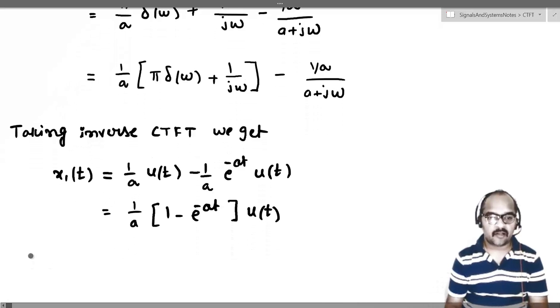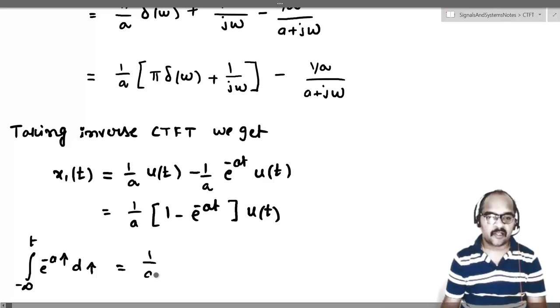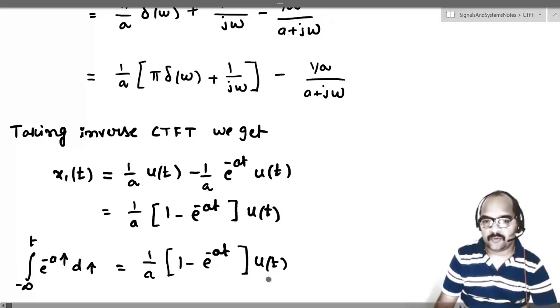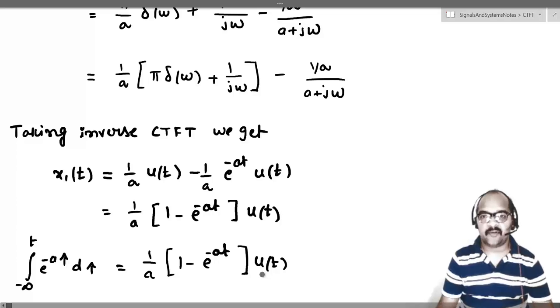We got integral minus infinity to t e power minus a tau d tau to be equal to how much? 1 by a times 1 minus e power minus a t u of t. Okay, so if you recollect, when we talked about convolution integral in second chapter, we convolved e power minus a t u of t with u of t and we got the same answer.